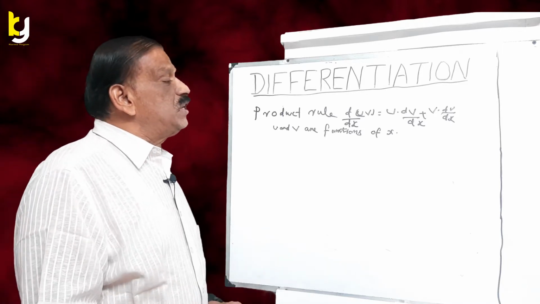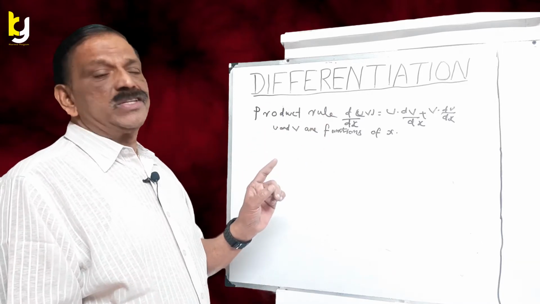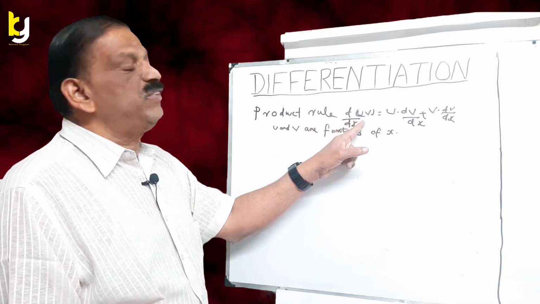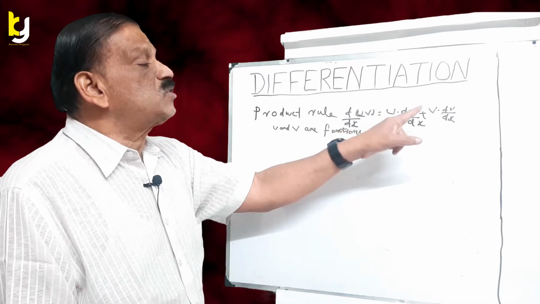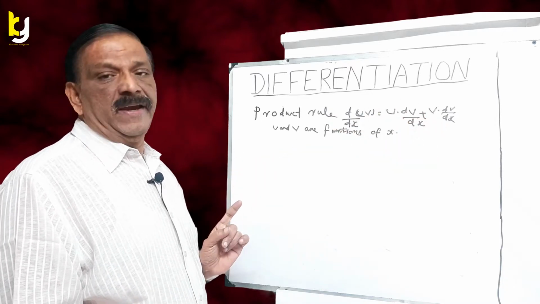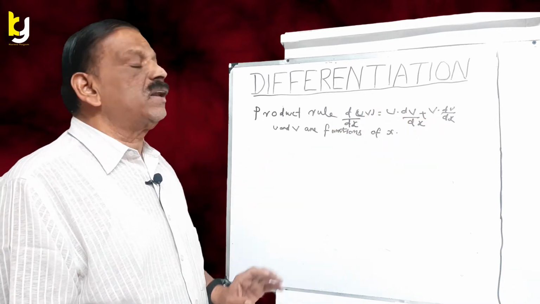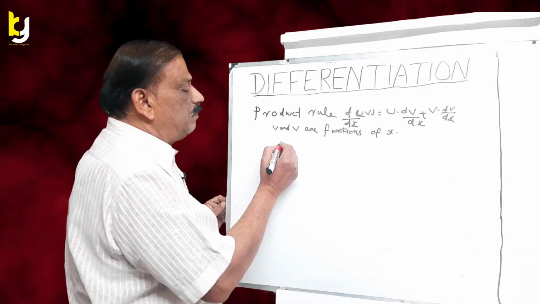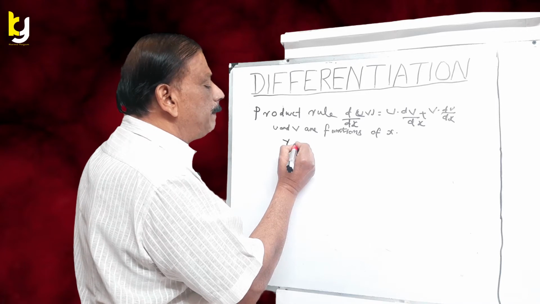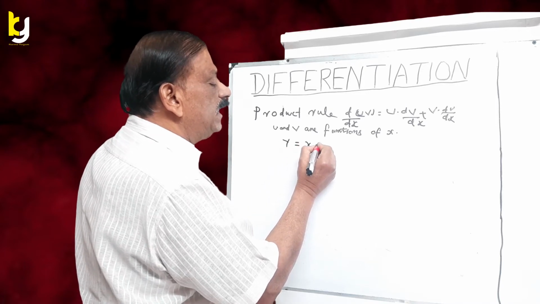Product rule of differentiation, that is d by dx of uv is equal to u into dv by dx plus v into du by dx, where u and v are functions of x. Example, y equal to x sin x.